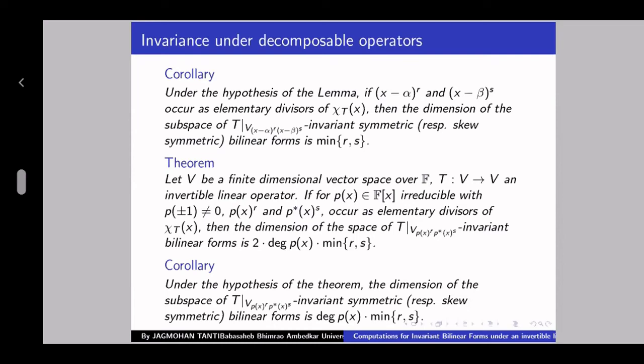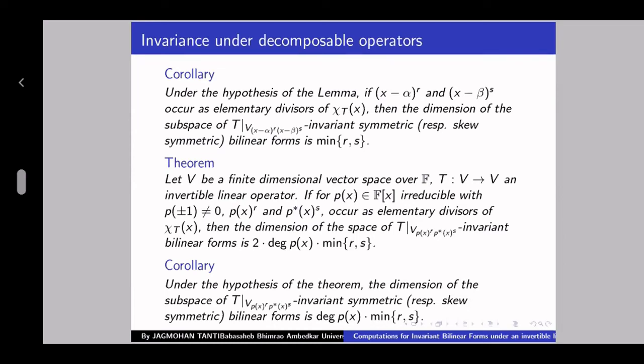All these things have been combined here: if the elementary divisors are powers of irreducible polynomials having no root as plus minus 1, then the dimension becomes 2 times degree of p(x) multiplied with minimum of r and s.